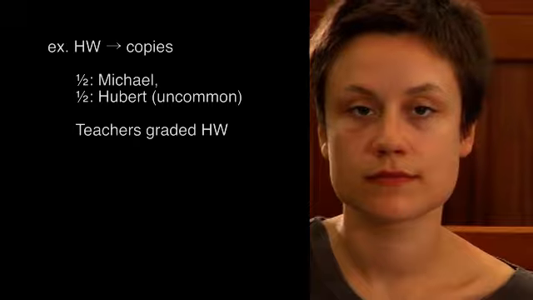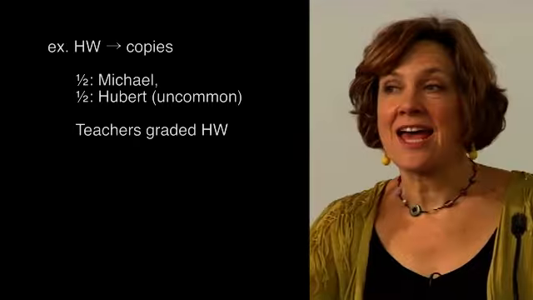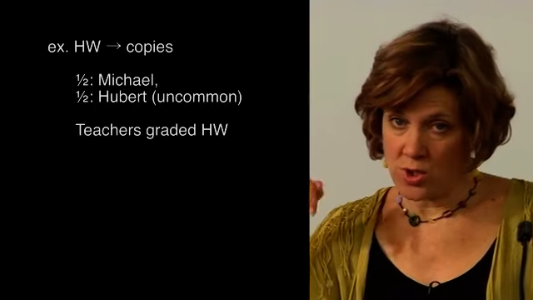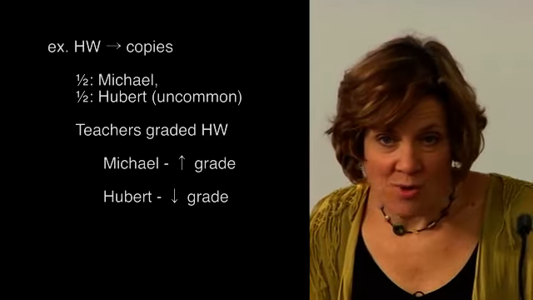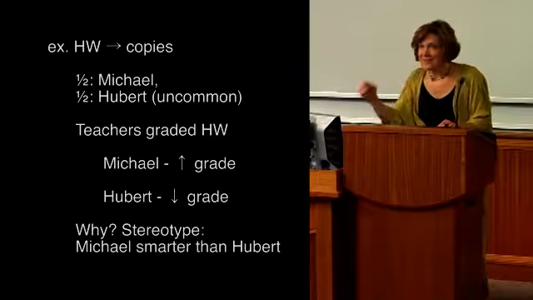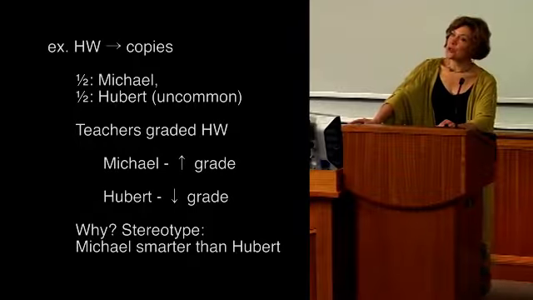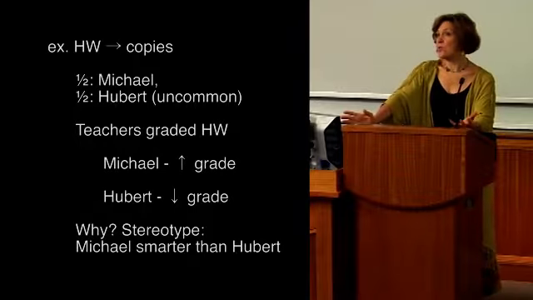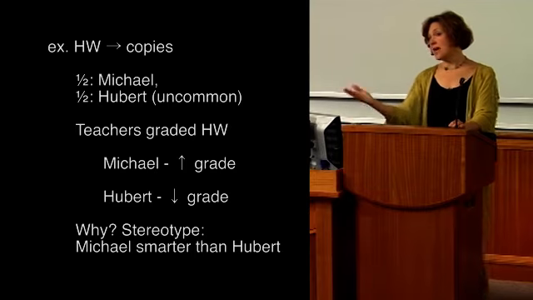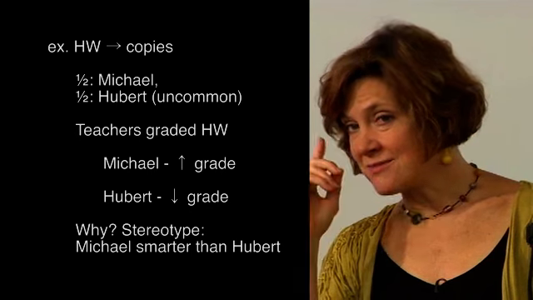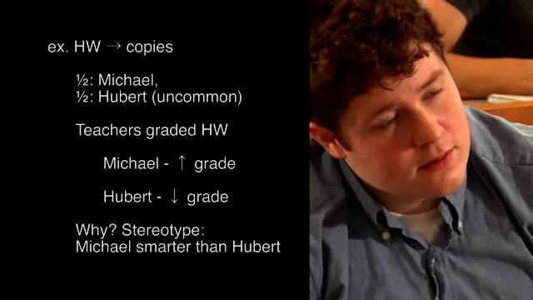The teachers gave Michael high grades and Hubert much lower grades. Why? It was the same homework, wasn't it? The researchers concluded that the name had to be the only factor. It appeared that teachers held a stereotype that a boy named Michael was smarter than a boy named Hubert. As a result, they gave Michael higher grades.